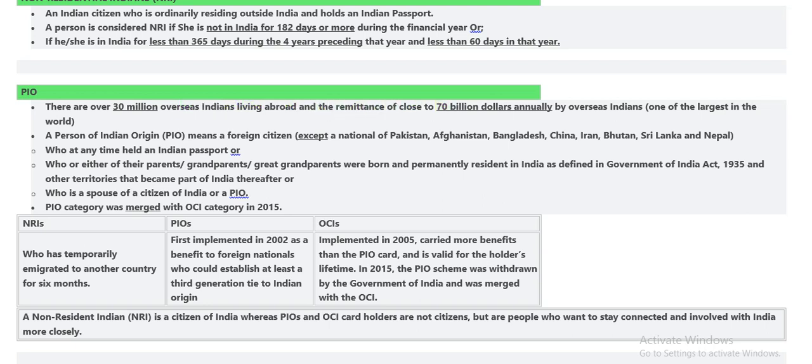PIO. There are over 30 million overseas Indians living abroad and the remittance of close to $70 billion annually by overseas Indians is one of the largest in the world.